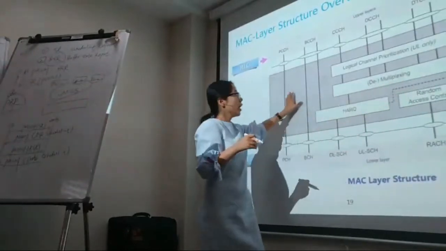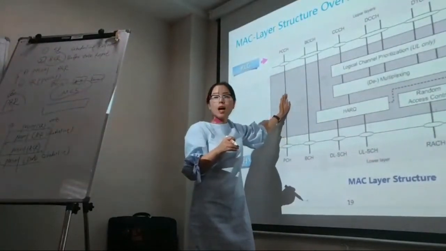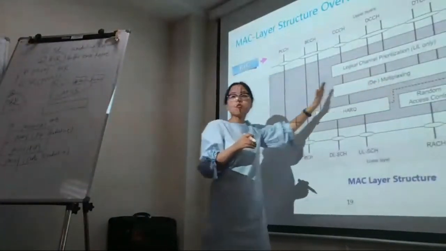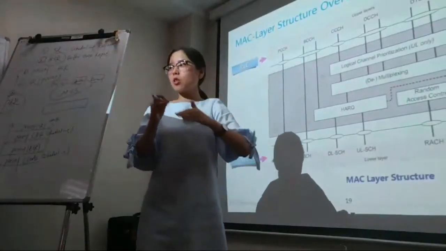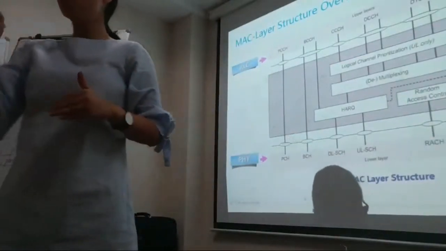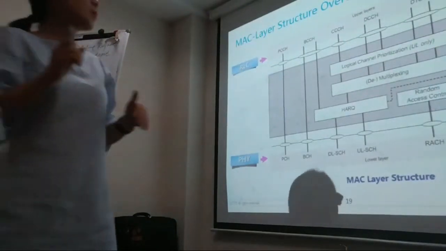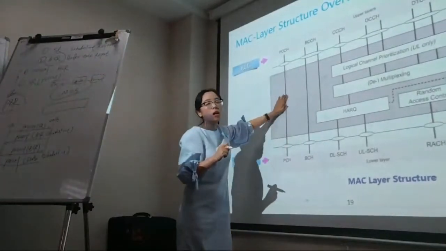That means it is a unique PDU, so I will not multiplex it. So this is the paging. For paging, it just goes through the MAC layer. The MAC layer will not process it. Right? This is paging.